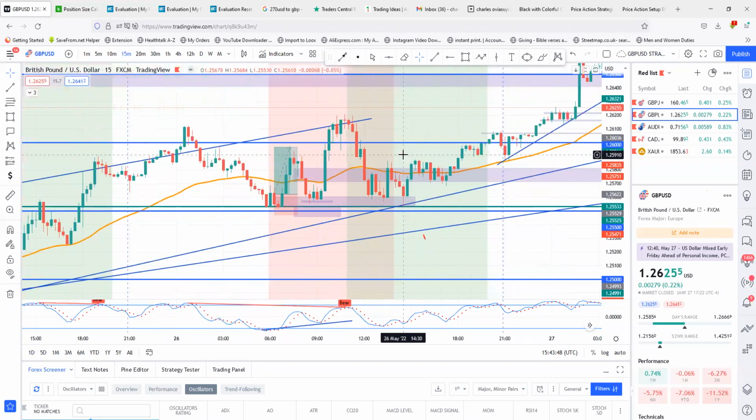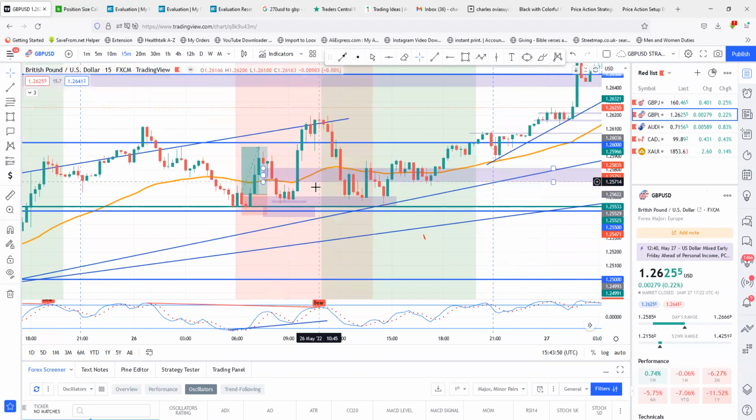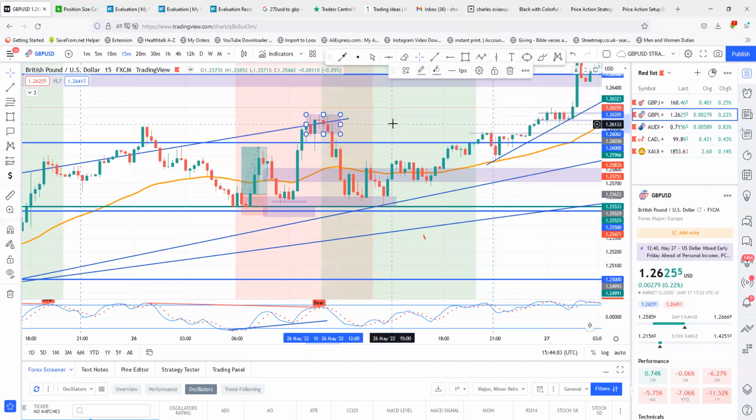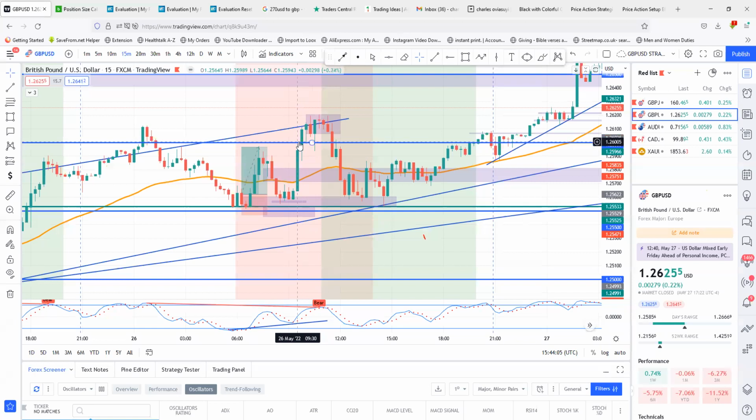It's obvious. Can't you see? Price action. It's obvious. On the body of the candle, price broke. And then you wait for the retest and sell.